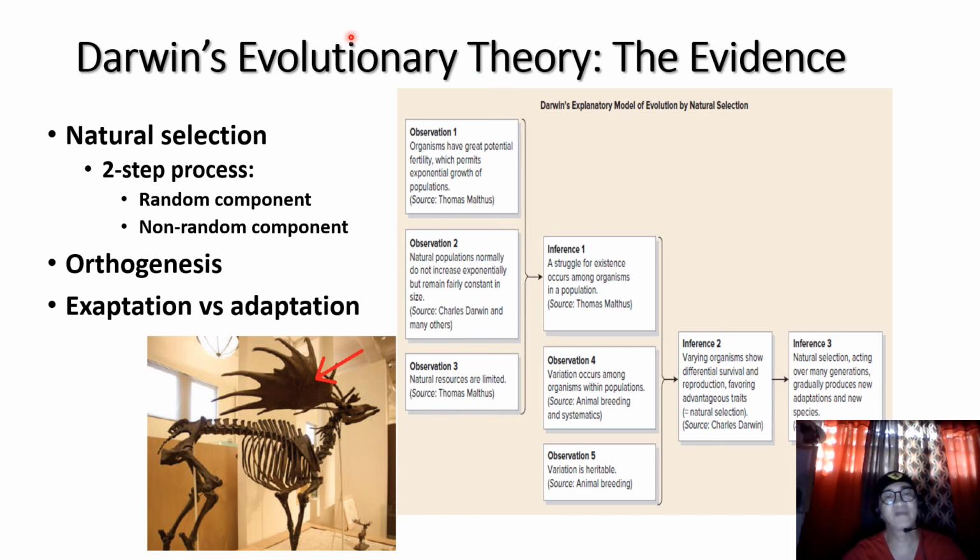So here you have exaptation of feather, whereas it was for thermoregulation before in the dinosaurs. But today, in the descendants of dinosaurs, which are the birds, feathers are used for flight.